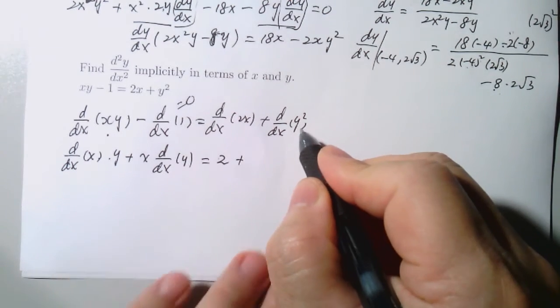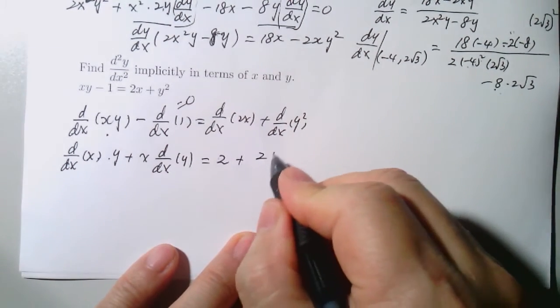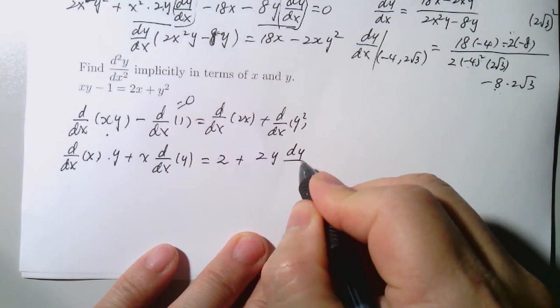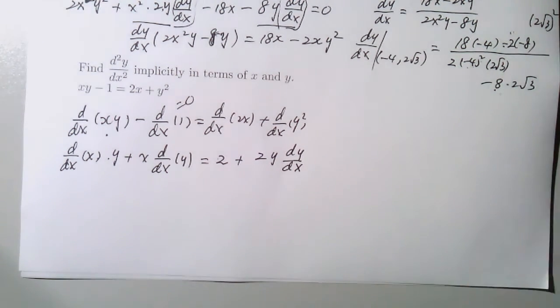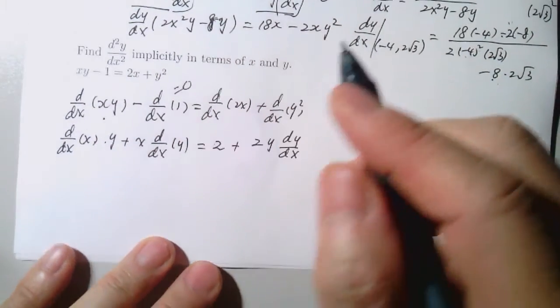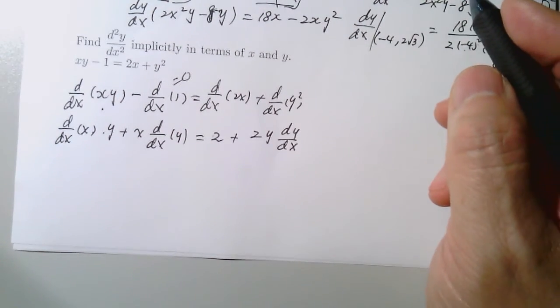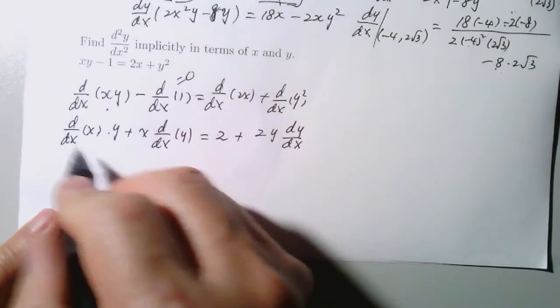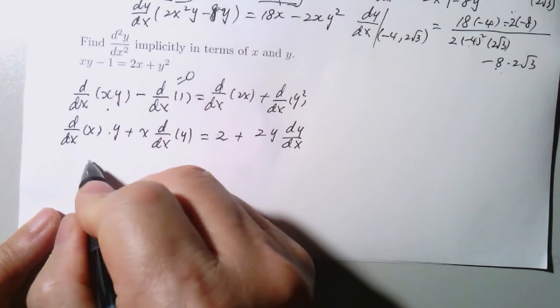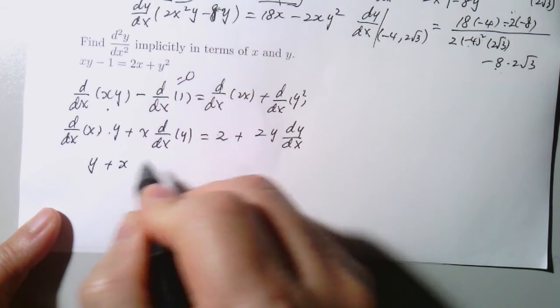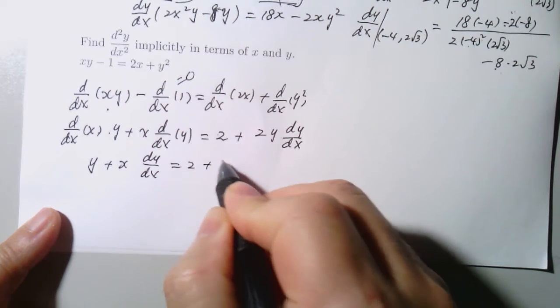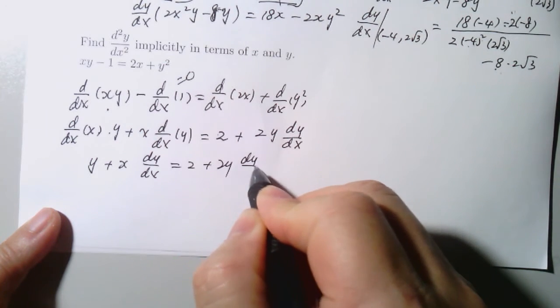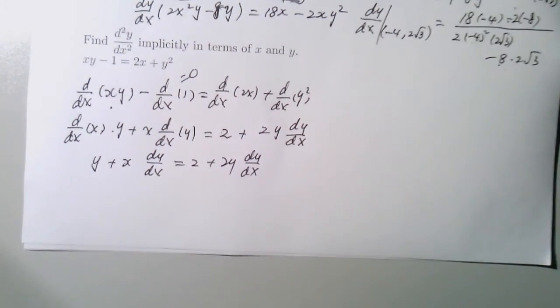The y squared derivative is 2y dy/dx. Always remember dy/dx, or y prime, is not equal to 1 when you do implicit differentiation. So now you have y plus x dy/dx equals 2 plus 2y dy/dx.